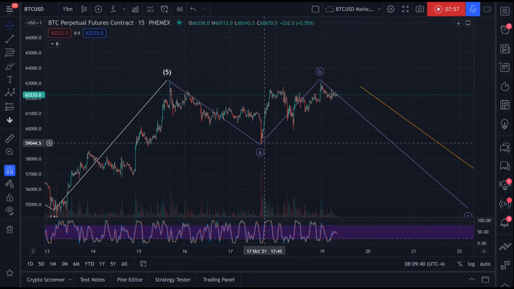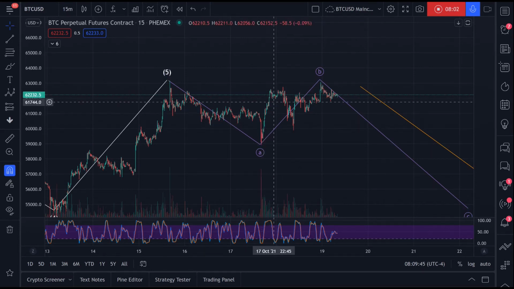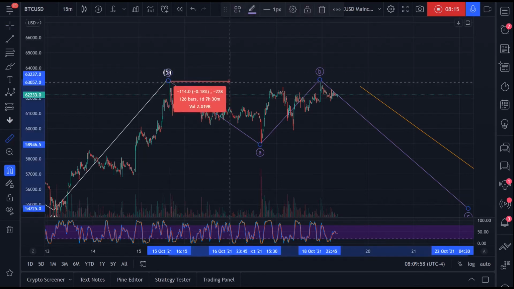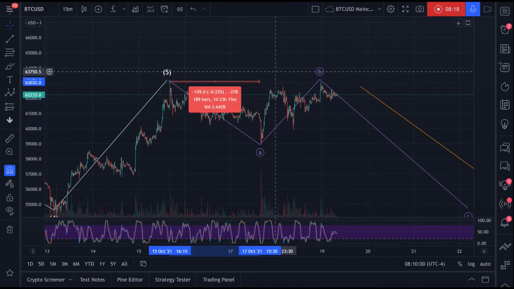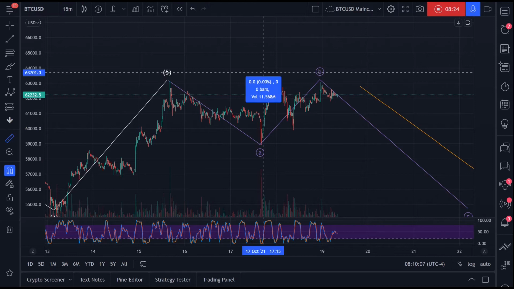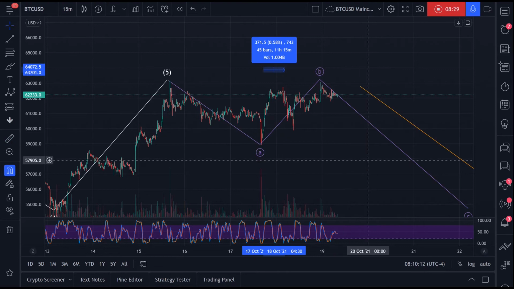Because you got your A wave, and typically in bullish markets, your B wave happens in a fraction of the time. You get your A, B, C very quickly, especially in an expanded flat and in an irregular flat. That B wave comes up here, and if A took a day and 23 hours, B would happen in about 10, 11 hours, okay?